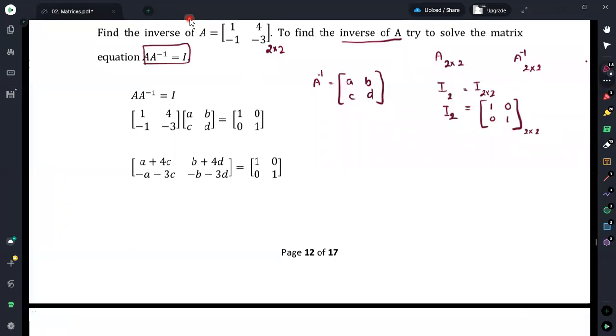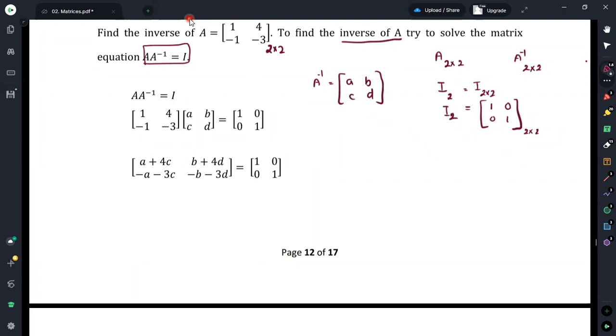Since we have a 2 by 2 matrix, there are 4 elements in A inverse. And this multiplication is equal to I, which has already been identified as 1, 0, 0, and 1, a 2 by 2 matrix.